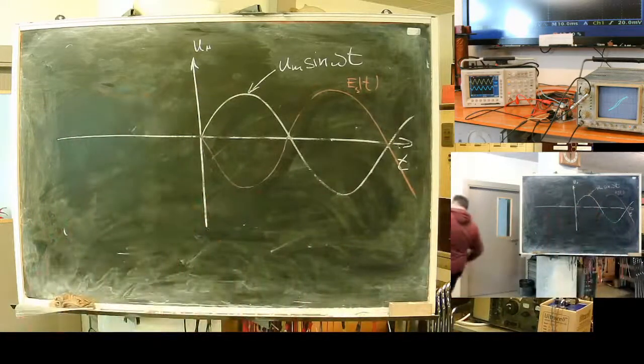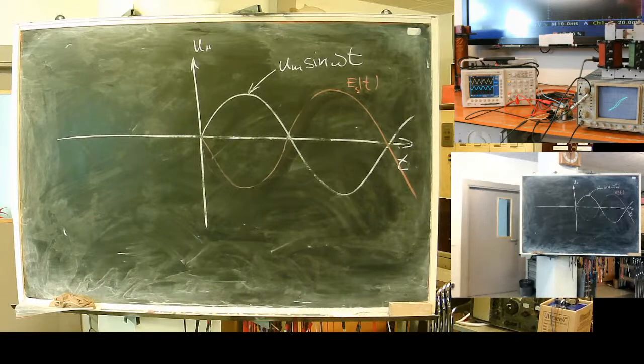If I attach 220 volts here, primary current flows, induction and flux appear, and the self-induction EMF is equal to the mains voltage but with a minus sign.